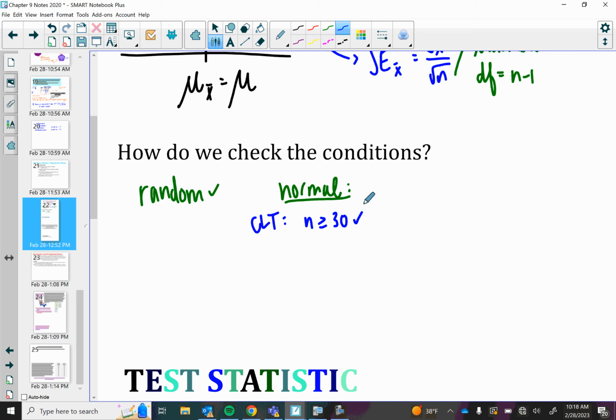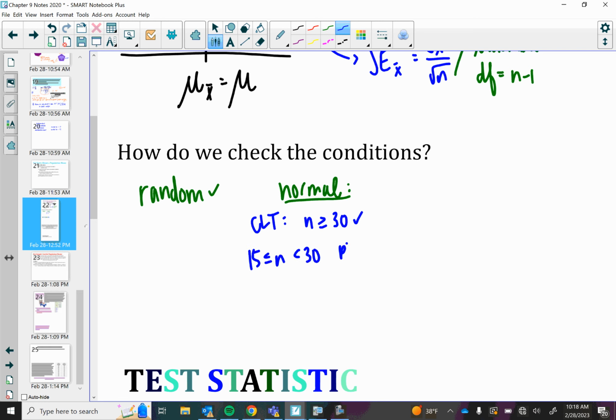But if you recall, because we're working with that t-distribution, we are able to have a little bit of flexibility here. If our sample size is between 15 and 30, of course, we want to plot our data. A skew is okay. We don't really want any outliers.